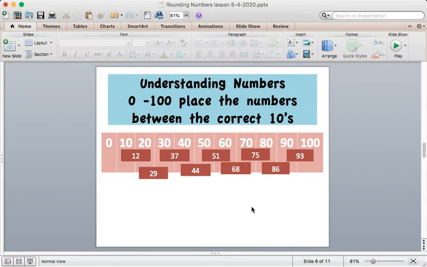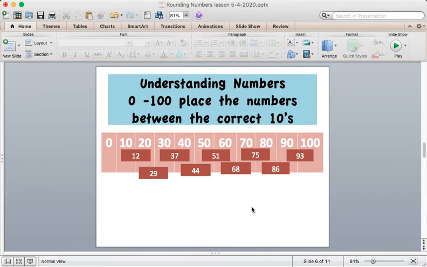The concept is that those numbers fit between the tens that they're appropriately lined up for. If you had a full number line between 0 and 100, your number 12 would be between 10 and 20. The number 29 would be between 20 and 30. The number 37 would be between 30 and 40, and so on. 44 would be between 40 and 50. 51 would be between 50 and 60. 68 would be between 60 and 70. 75 would be between 70 and 80.